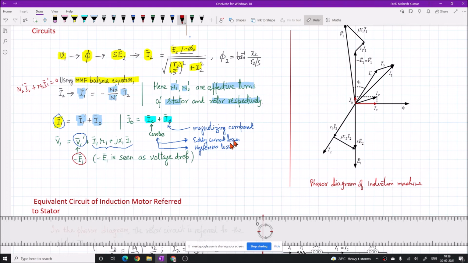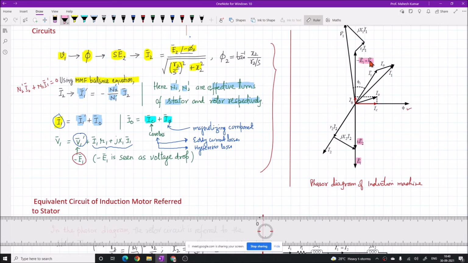You can see these details in this phasor diagram, that we have a B1 first. Okay, now B1 sets up flux phi here. This phi is inducing the voltage sE2 in the secondary rotor as well as E1 in the primary side, the stator side. Right now they are in the same direction, but E1 is seen as minus E1 as a voltage drop.